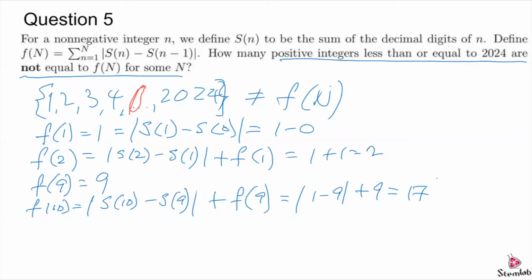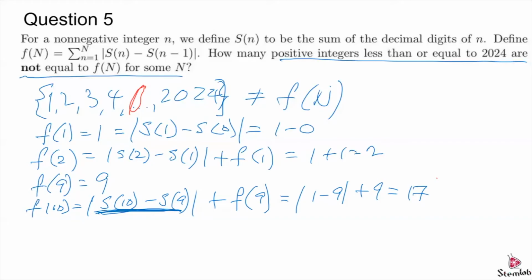Note that all the skips will happen when the term we're looking at has the units digit go from 9 to 0, because the sum of the digits of that number will be less than the sum of the digits of the number that ends in 9.